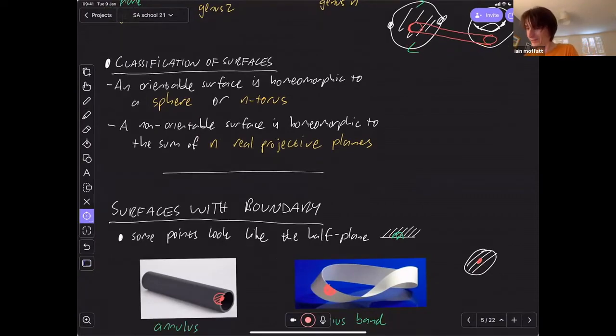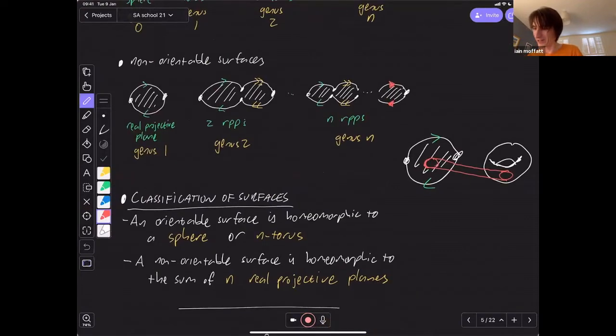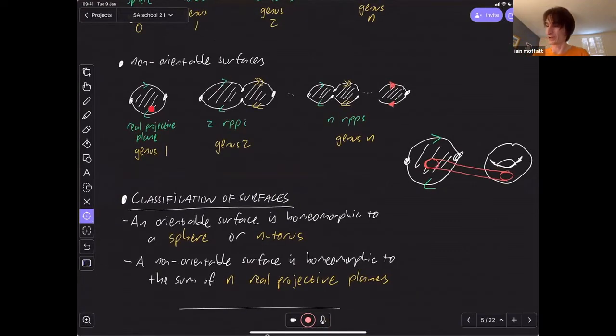But whenever you do this, the classification of surfaces tells you you're always going to get one of the surfaces you've already seen. And in this case, we're going to get three real projective planes, but it's not necessarily straightforward to see that.